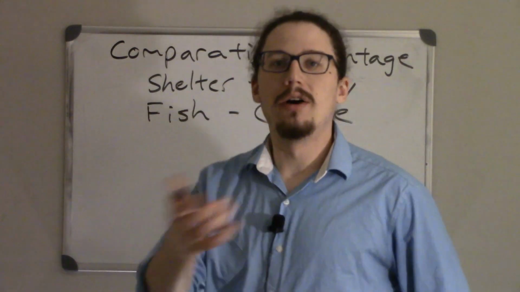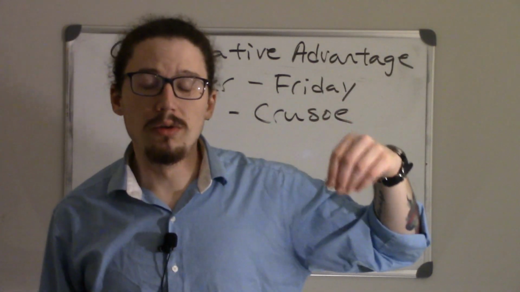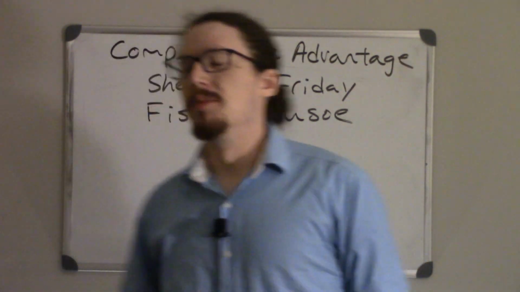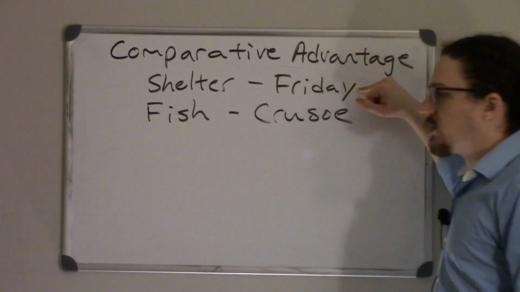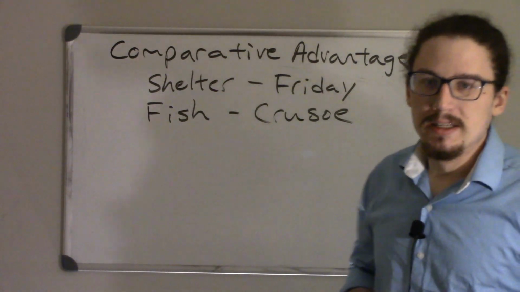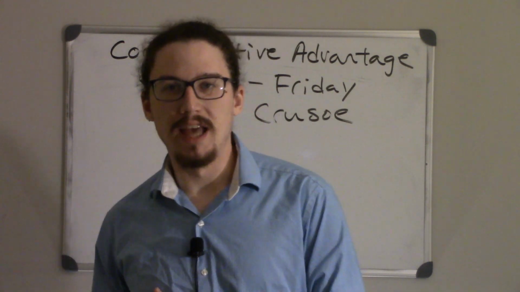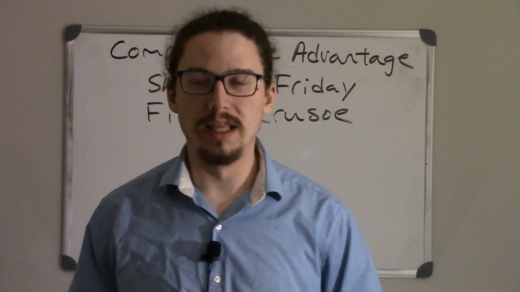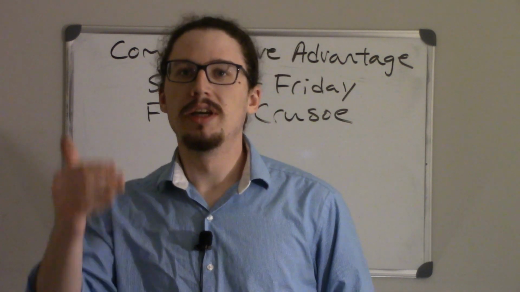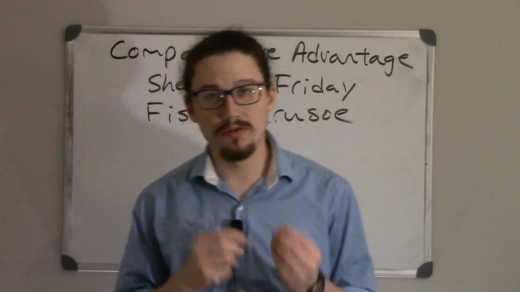So Friday should spend his time producing shelter, and allow Crusoe to do the other thing. Let me rephrase that. It makes sense for Friday to produce shelter because Friday is better at making shelter than he is at catching fish, comparatively. His time is better used making shelter, right?